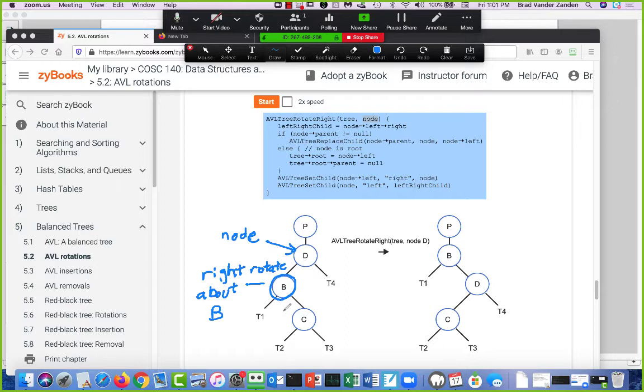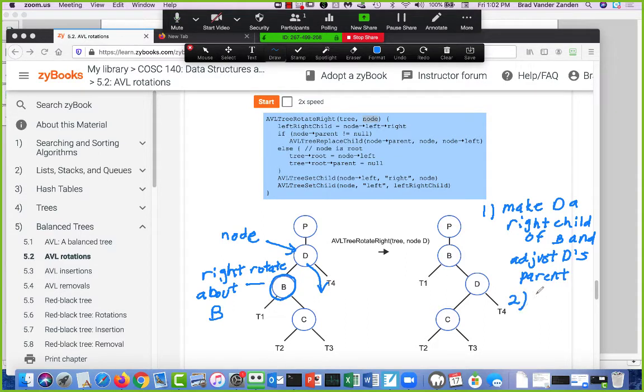So again, what the code's going to do, it's going to make D be a right child of B. So that's what you see here. Make D a right child of B, and adjust D's parent pointer.